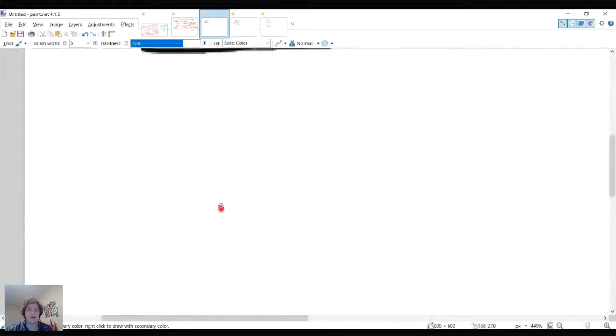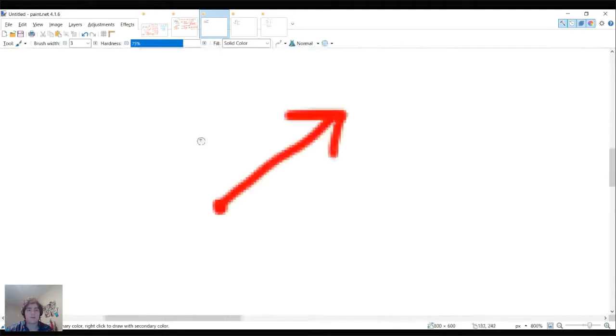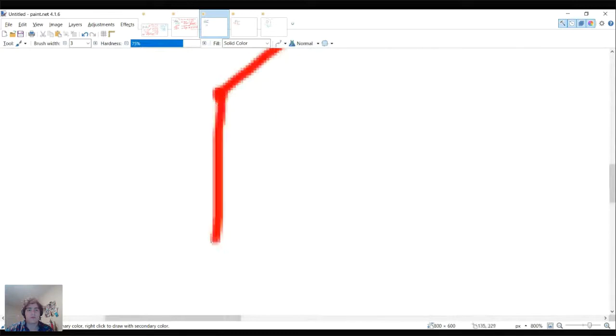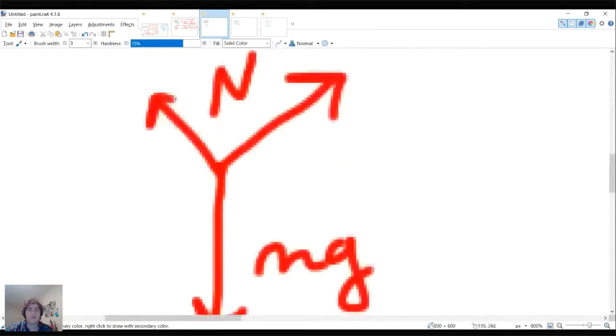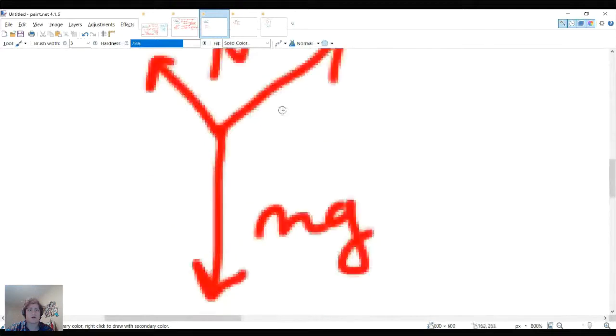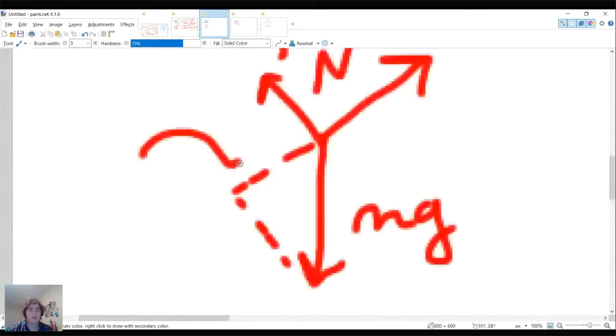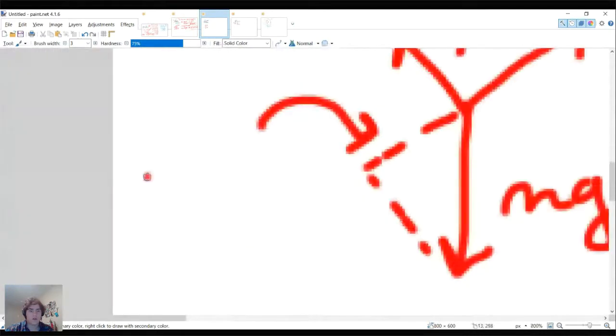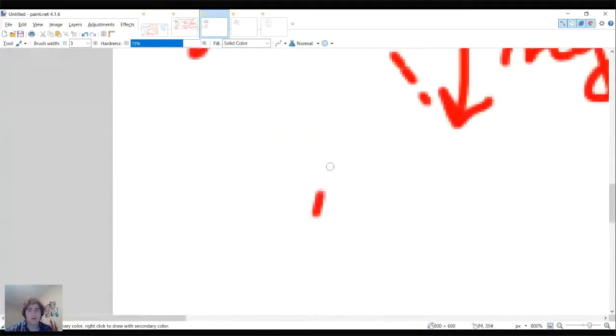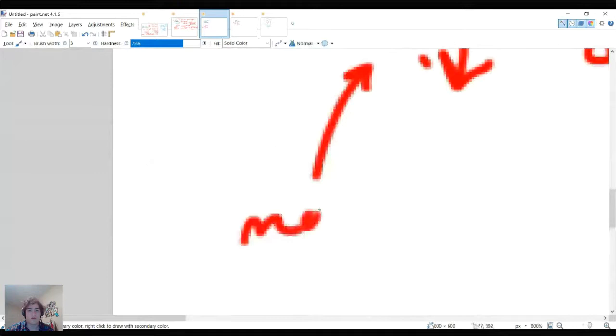It's the same free body diagram as last time: normal force, weight, friction, mg cosine theta, and then mg sine theta.